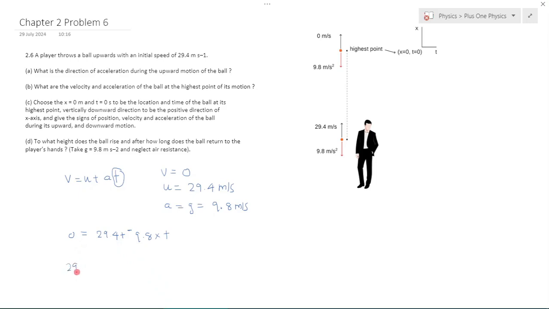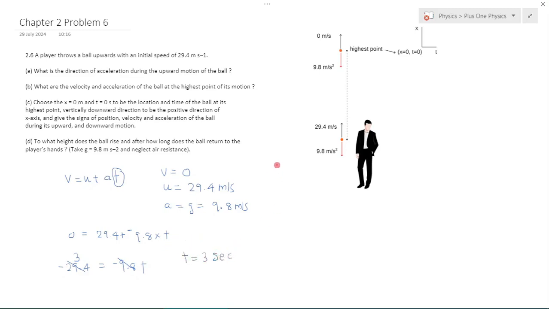Then 29.4 equals 9.8 times t. So 9.8 times 3 is actually 29.4, and the negatives cancel. The time we get is 3 seconds.